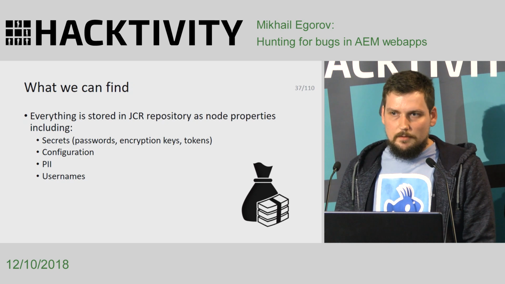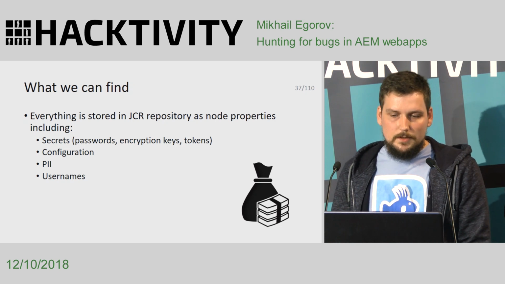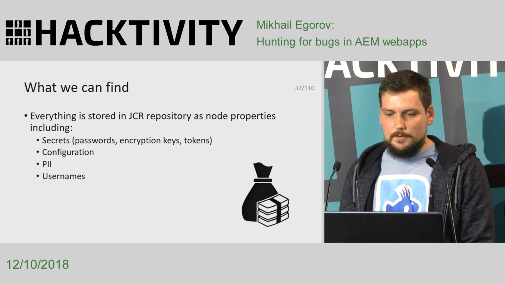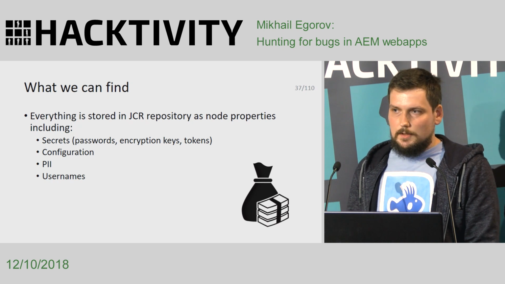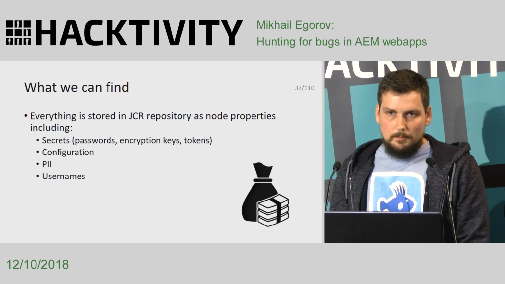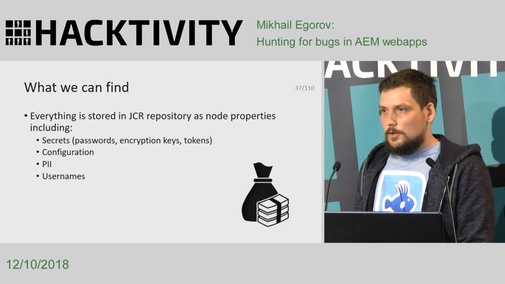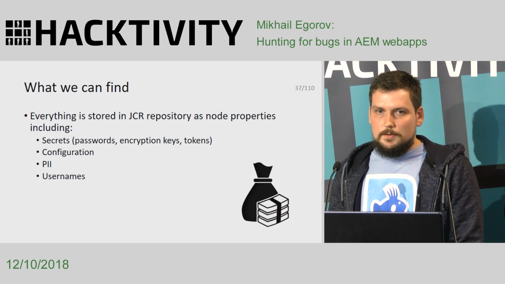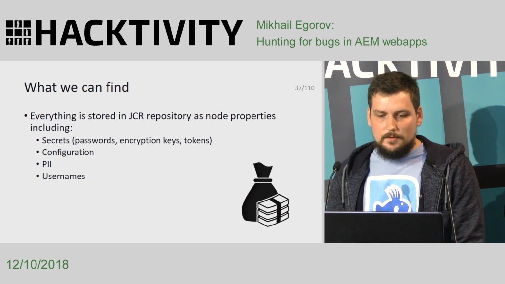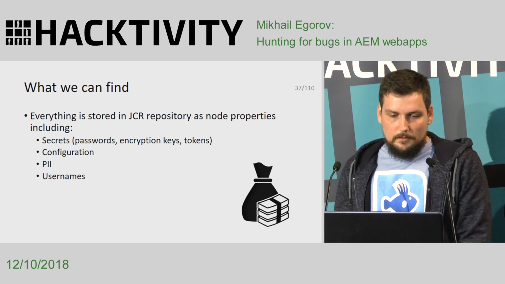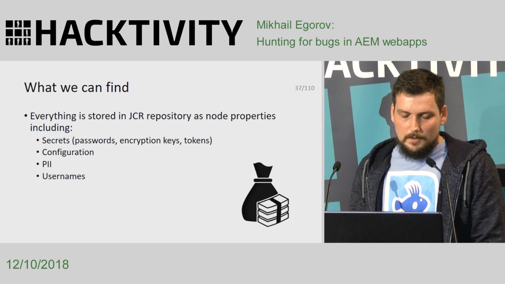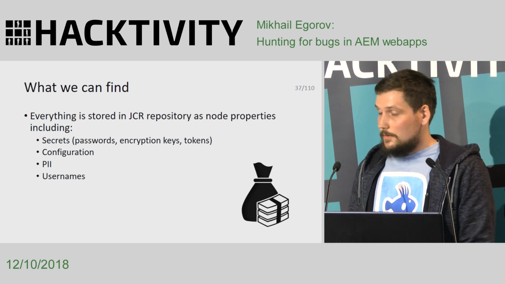Any sorts of secrets like passwords for databases or online services, encryption keys, secret tokens, production configuration, private information of users like emails, telephone numbers, home addresses, etc. And also valid logins for AEM users.